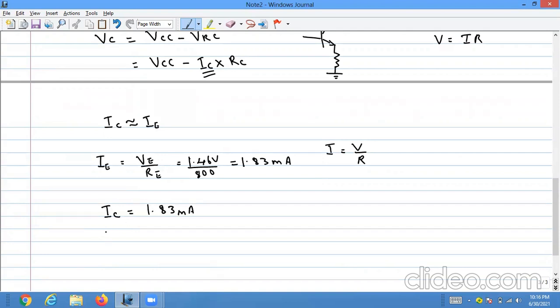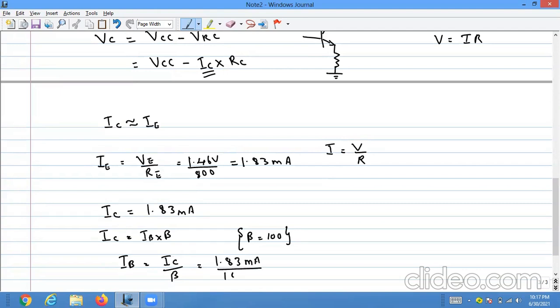Next we need to find the equation for IB. We know the output collector current is equal to the base current into beta, that is the current gain. Assume beta as 100. So we can find the value of IB from this equation: IB is equal to IC divided by beta, that is 1.83 milliamps divided by 100.